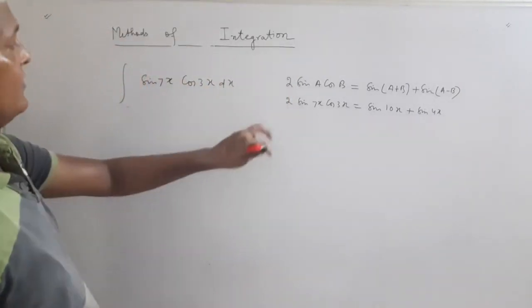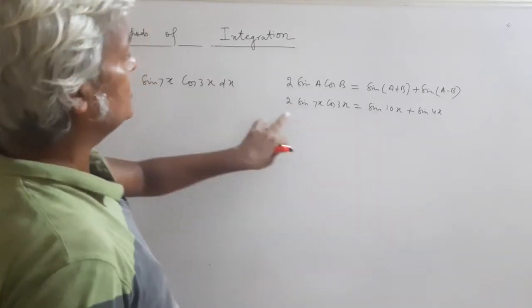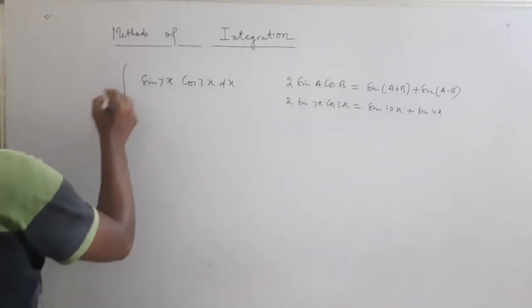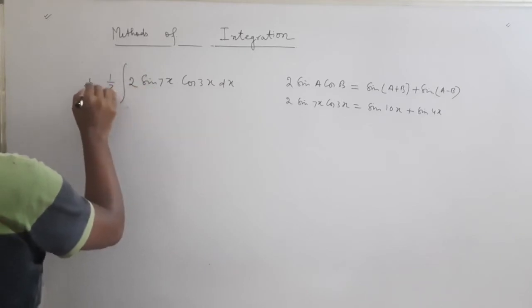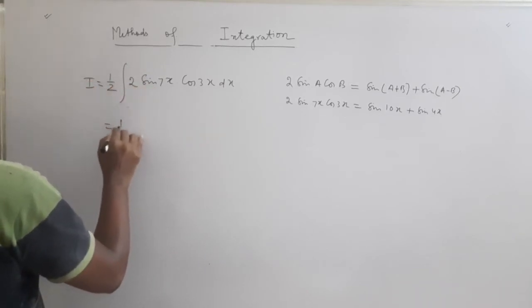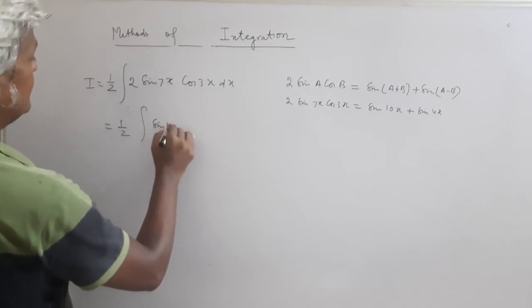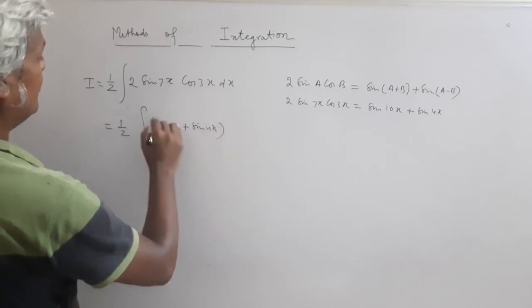Since 2 is required, which I do not have, I'll write half outside and 2 here. This is I for integral, so half outside, and in place of this I'll write sine 10x plus sine 4x dx.